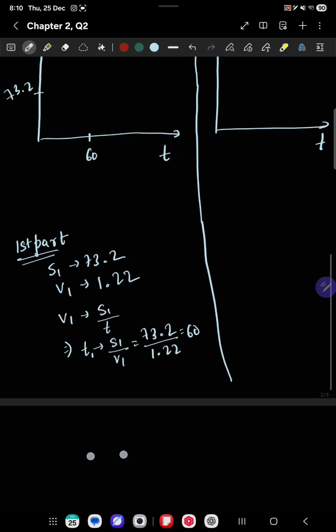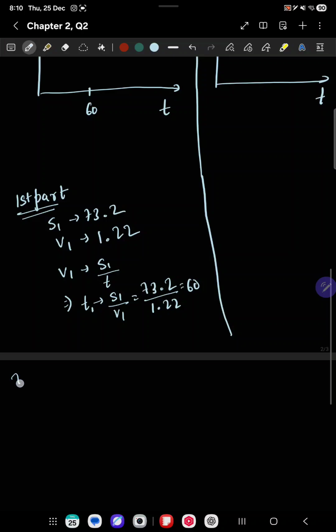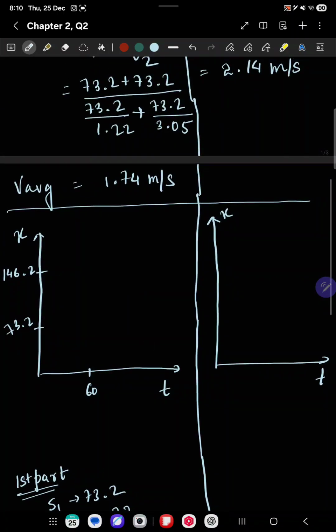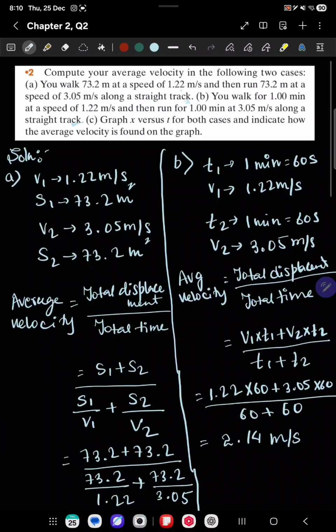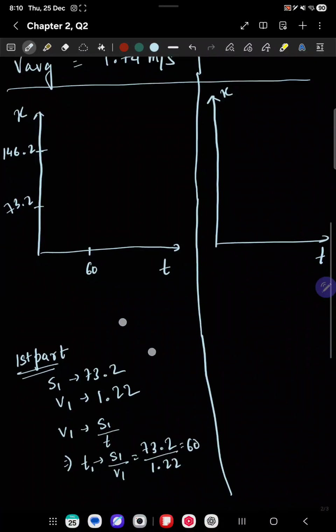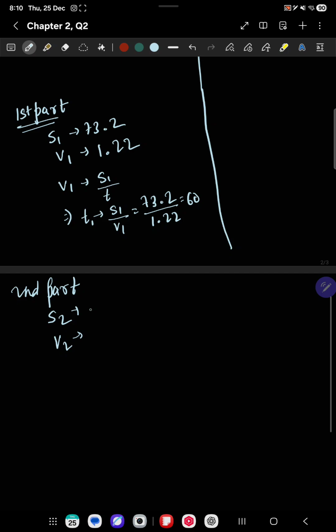Again for the second part, what we can write, S2 and V2 is given, right? S2 is 73.2 and V2 is 3.05.